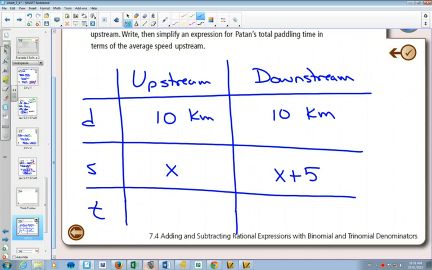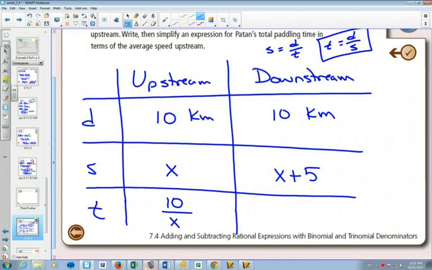And there's nothing for time given in this question, but because you know, again, speed is distance over time, and time is distance over speed by rearranging that formula, we could say that the time that it took him to do upstream will be whatever the distance, he went 10 kilometers, divided by the speed he was going, which will be 10 over x. So that's using the fact that time is distance over speed.